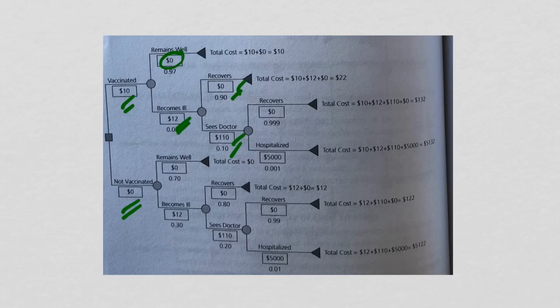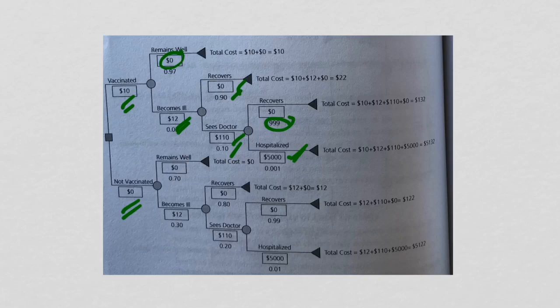After $110, hopefully you recover, because you have a pretty strong probability, and so recovery is $0. Now, if you don't recover and you are hospitalized, that's about $5,000. That might include an inpatient stay, one or two nights in a hospital, medication, specialists. We're just going to estimate $5,000.